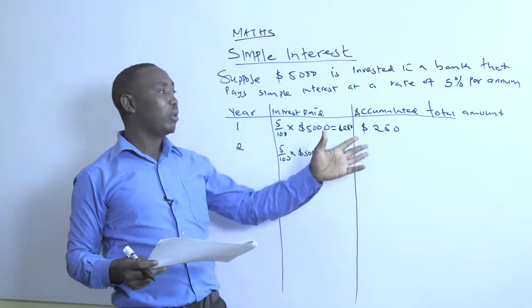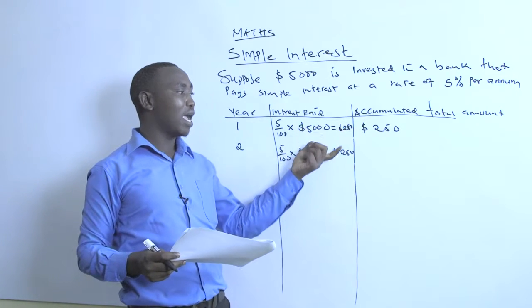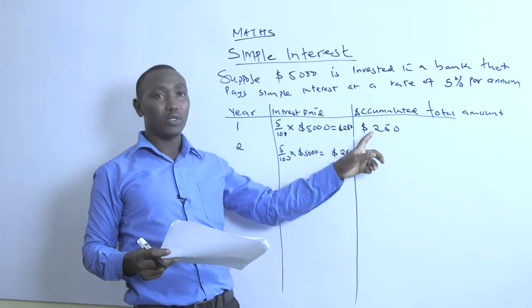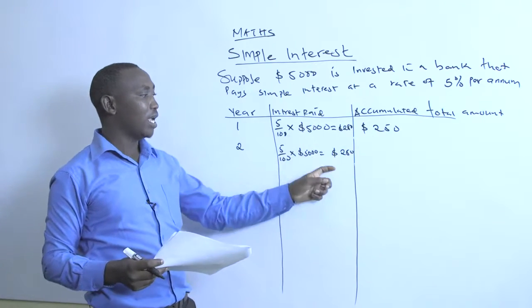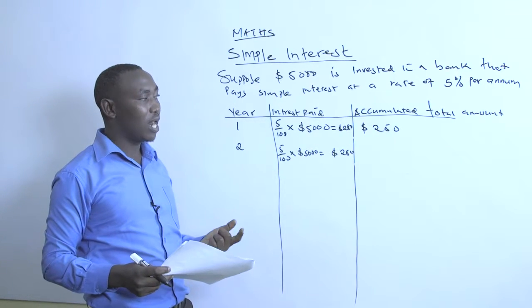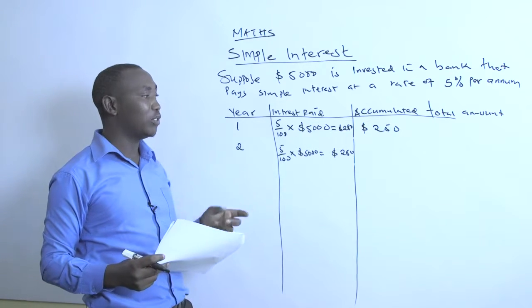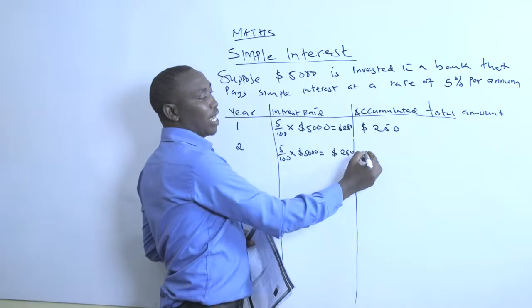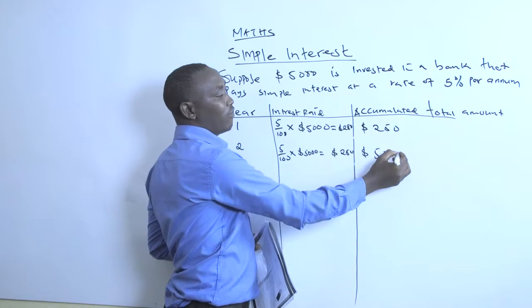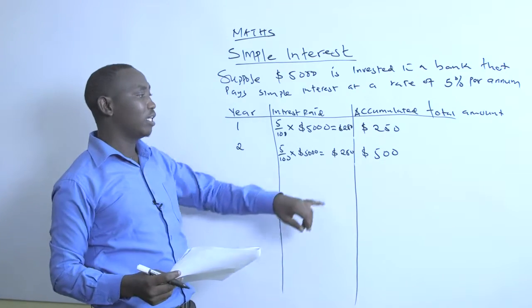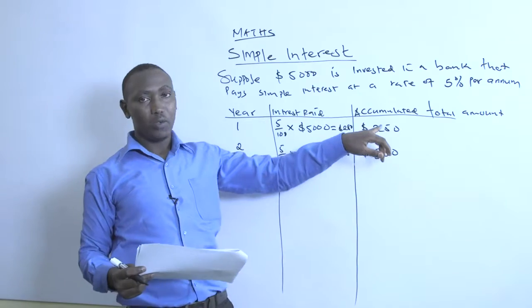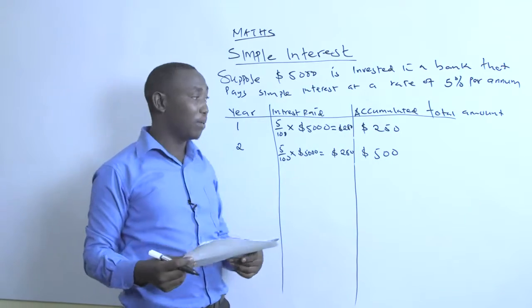Now, when you accumulate, the first year we had 250 US dollars. The second year we had $250. So in total, after the end of the two interest periods, we are going to have a total of 500 US dollars. That means you take 250, you add to 250.